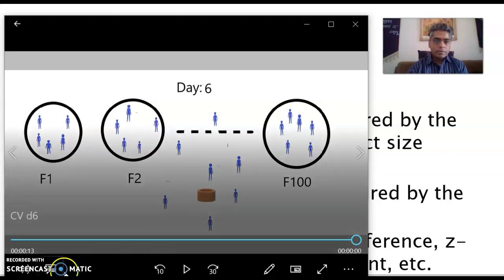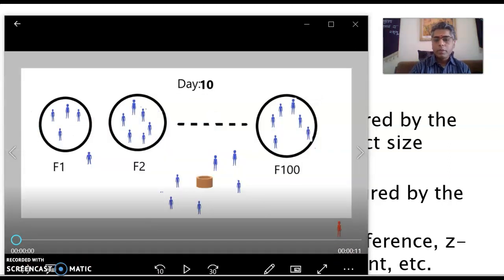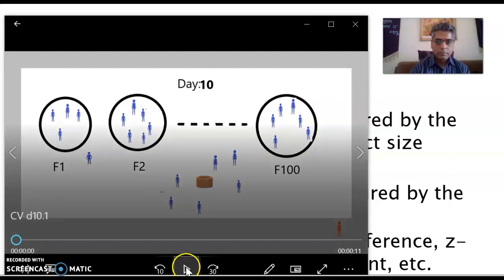But let's find out. There are reportedly many positive cases in the other village, and normally everything goes well after the 6th day, and from the 6th day to the 10th day, we don't know what exactly happens. But let's find out on day 10.